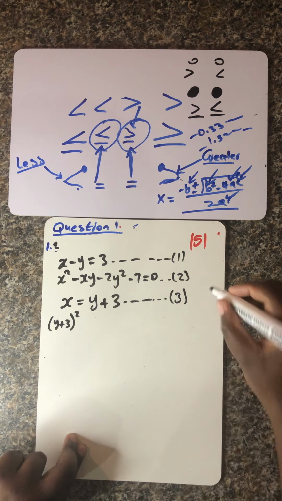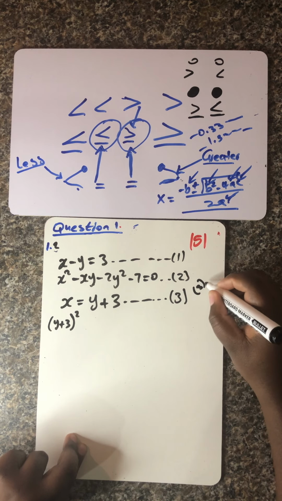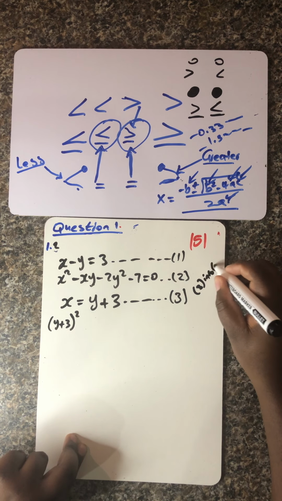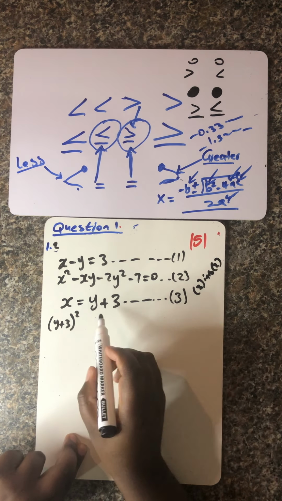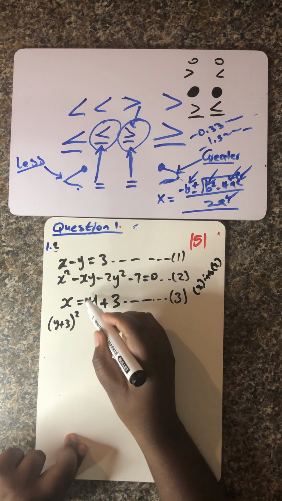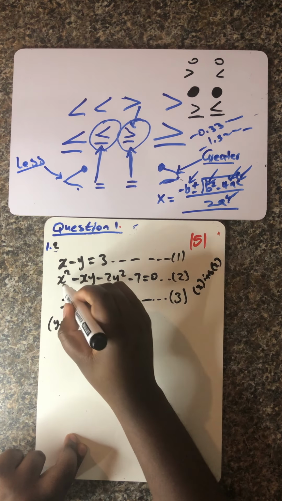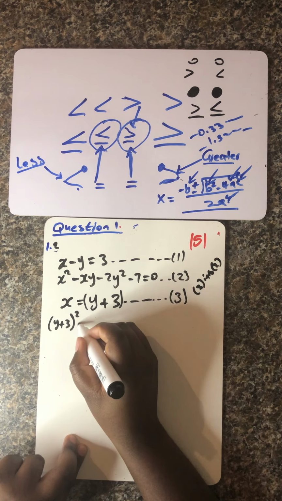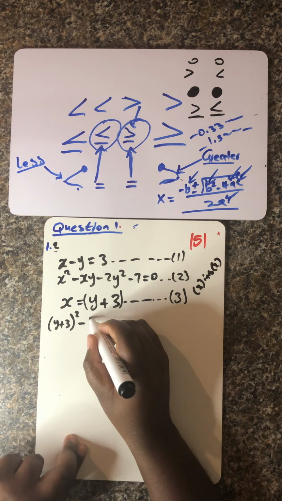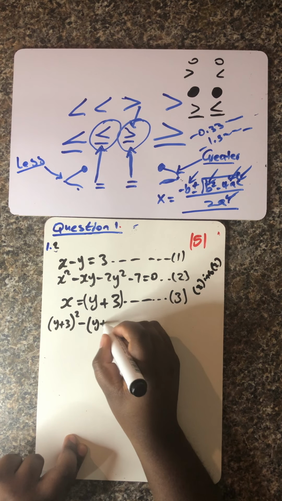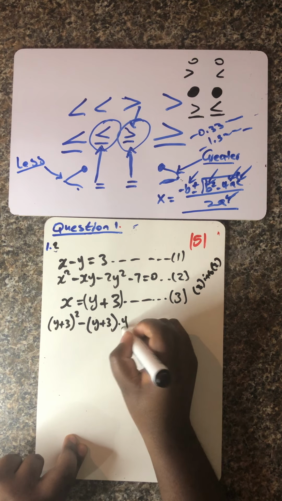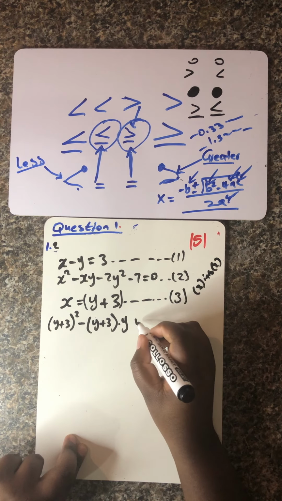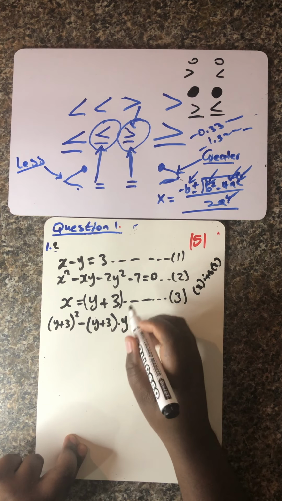Remember guys, we're substituting equation 3 into equation 2. So this is equation 3. We substitute all of that in place of x in equation number 2. So this is minus, right? Then this is y plus 3 multiplied by that y over there. Then you've got a minus sign over there.